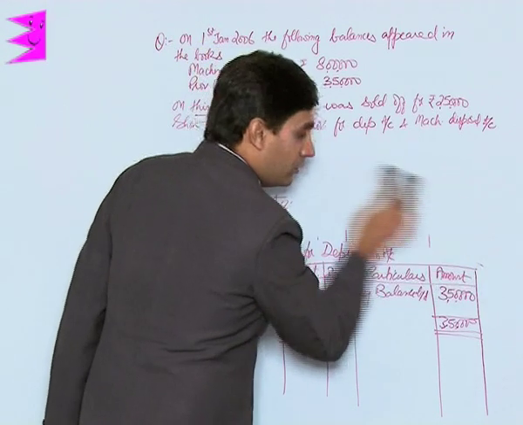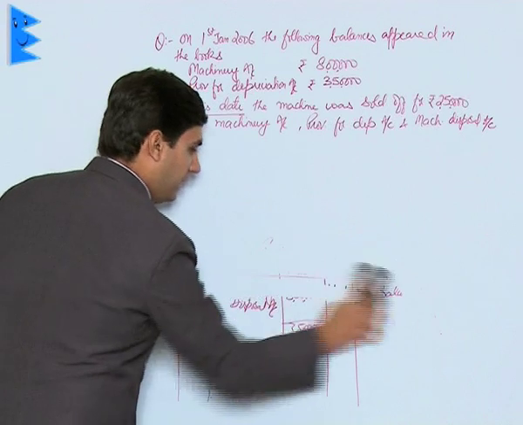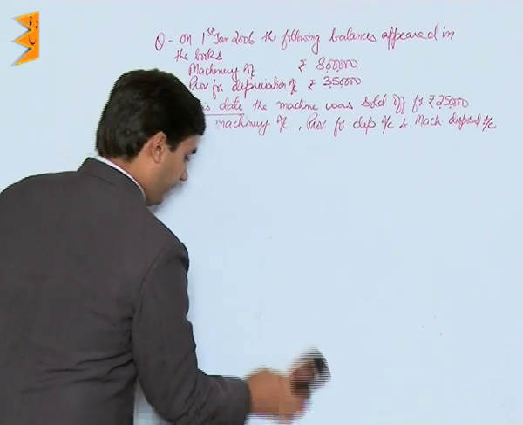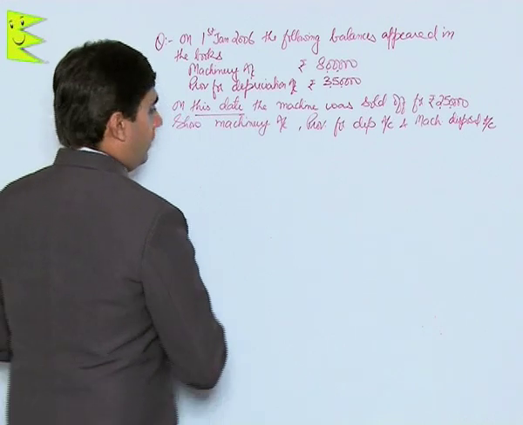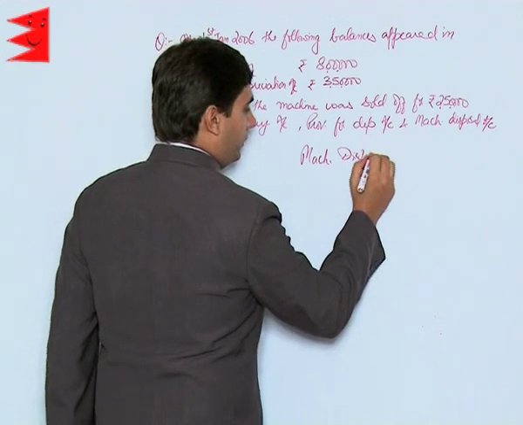Again, it is an account, so the format would remain the same, that is the debit and the credit side, and you would write date, particulars and amount on it. This is machinery disposal account.